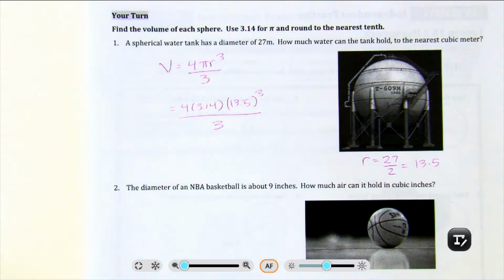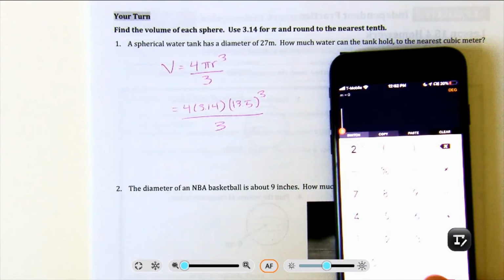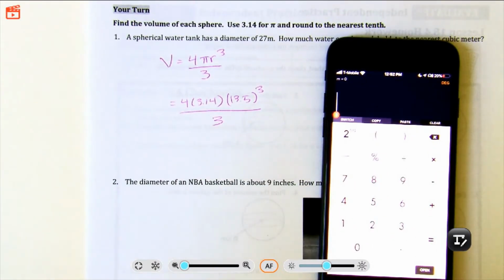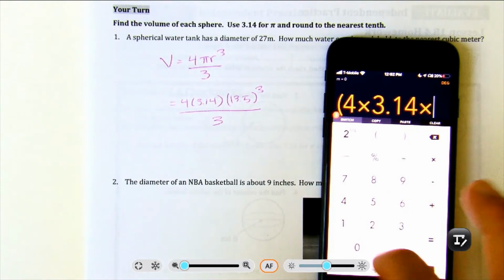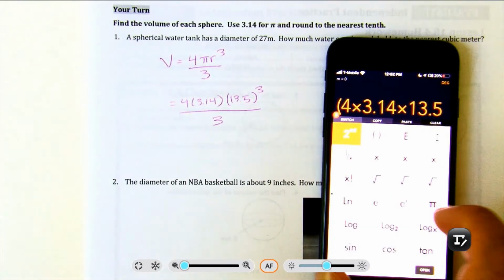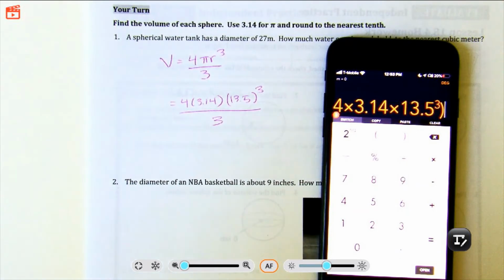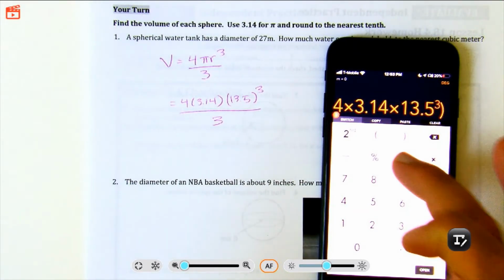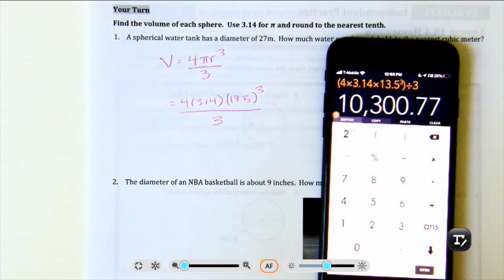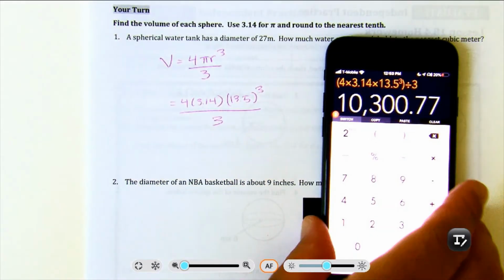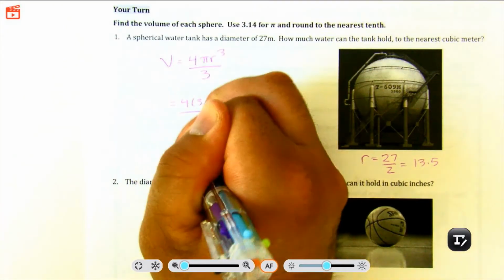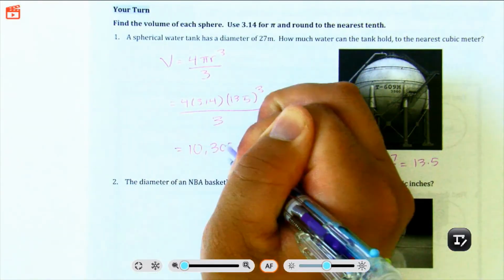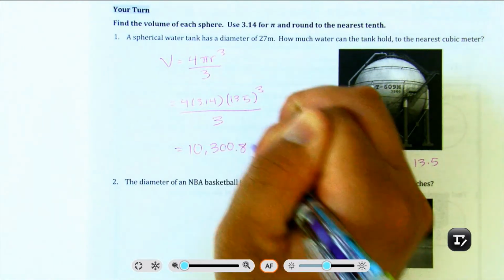Let me show you on my calculator. I'm going to put parentheses for the numerator: 4 times 3.14 times 13.5 cubed, close the parenthesis, all divided by 3. That gives me 10,300.77 meters cubed.